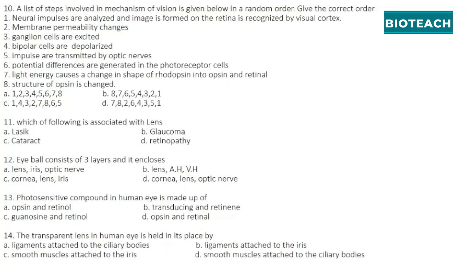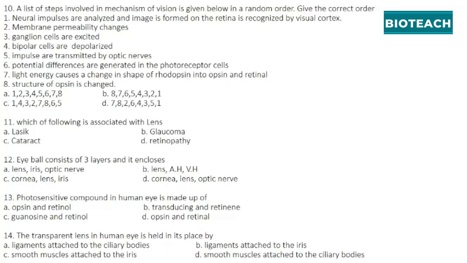Bipolar cells are depolarized. 5. Impulses are transmitted by the optic nerves. 6. Potential differences are generated in the photoreceptor cells. 7. Light energy causes a change in the shape of rhodopsin into opsin and retinol. 8. Structure of opsin is changed. So the answer is D.